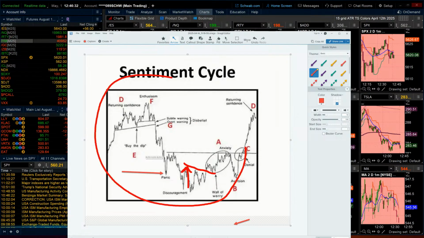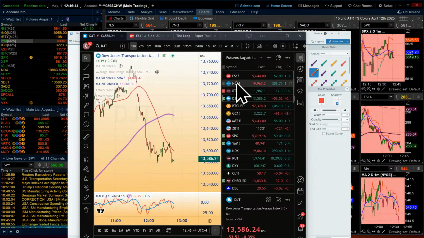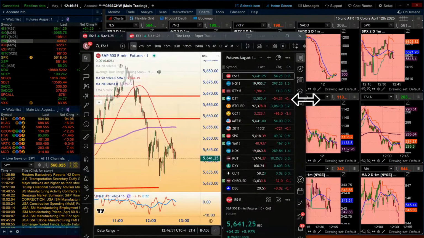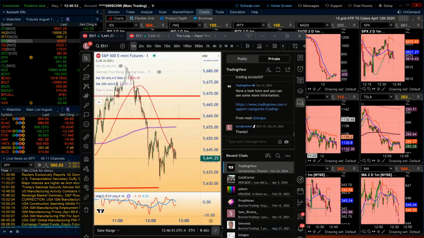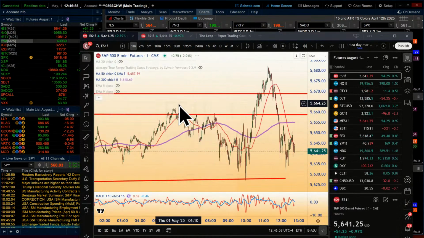Now that's a daily chart, but don't you find it fascinating that the 1 minute chart of the ES yesterday looked exactly the same?